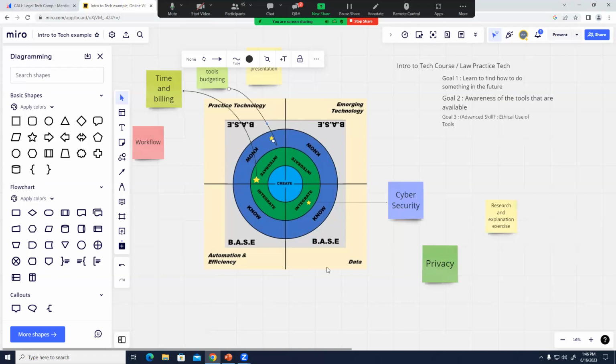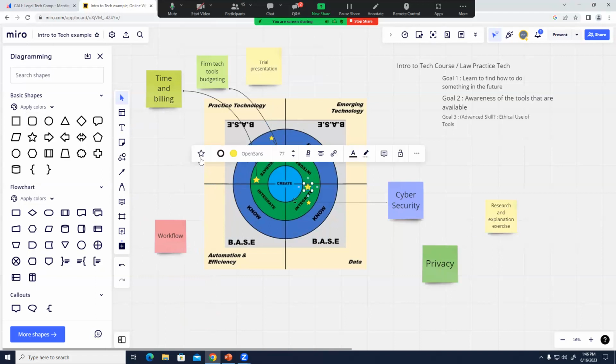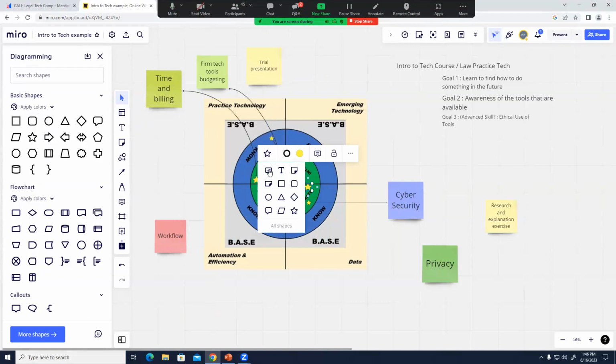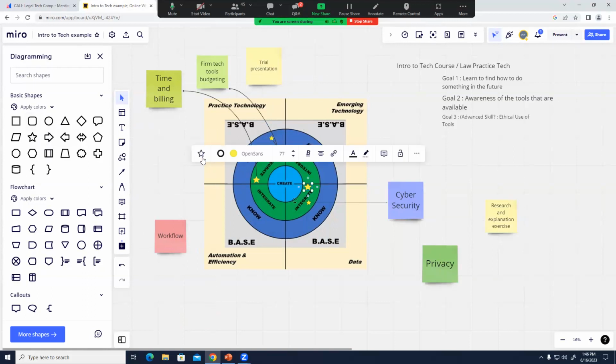Yeah, and workflow would probably be automation and efficiency. Let's just say we have to have some things at the know level. You can't have everything at integrate because you're not going to have time in the semester to do that. So a lot of these things could be put in different quadrants and then you have to choose which level you want.